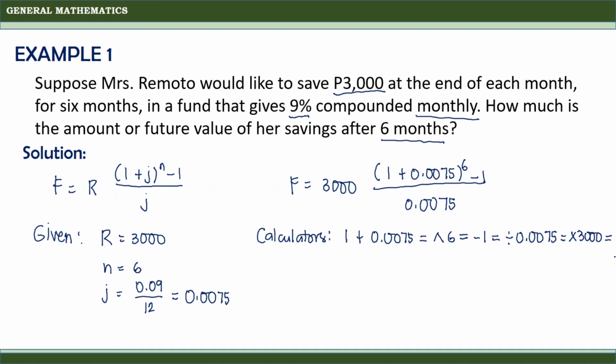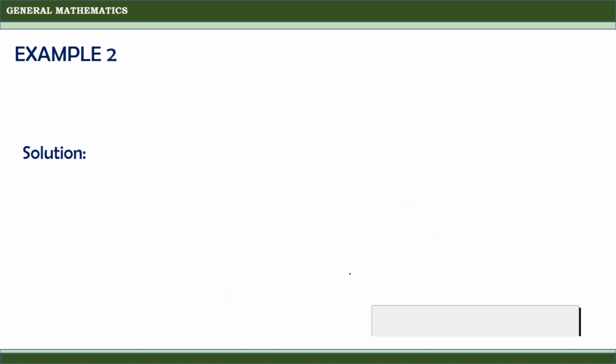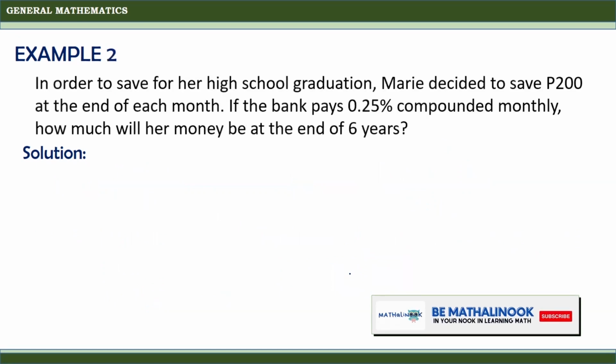Putting this on our calculators, we will have the final answer to be 18,340.89. Notice that we have arrived at the same answer just like on the illustration we have presented earlier. Let us try another example.